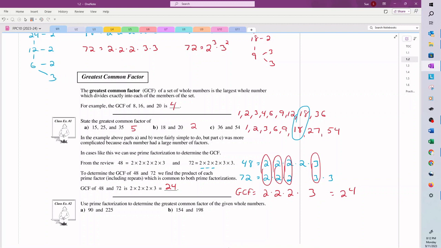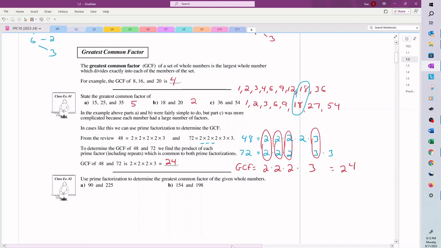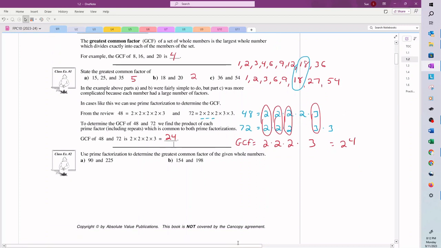All right, let's do a couple more examples doing this. Use prime factorization to find the greatest common factor of 90 and 225. So I'm going to do this up here. 90, if I divide that by 2, I get 45. I can divide that by 3.